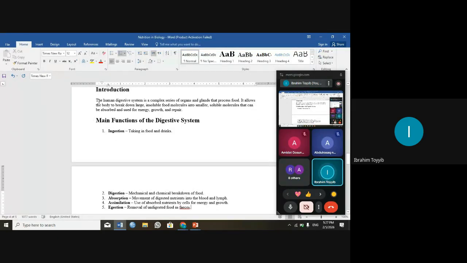So the human digestive system is a complex series of organs and glands that process food. It allows the body to break down large insoluble food molecules. Like if you put yam in your mouth, it is large, it is insoluble. So you chew it, because before it goes to your stomach, it will be broken down into what?